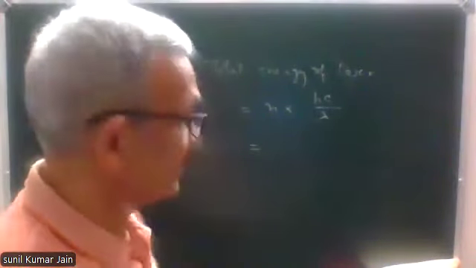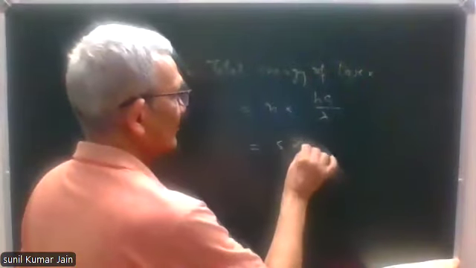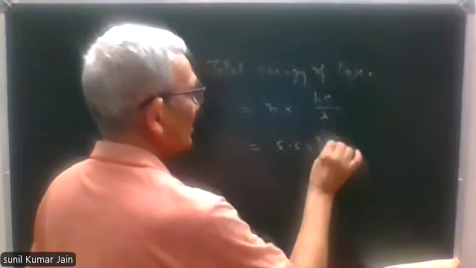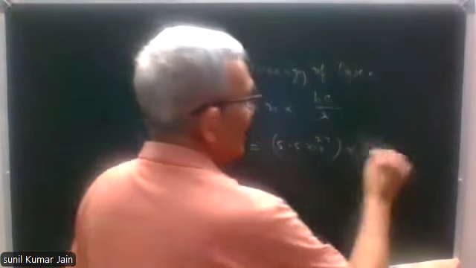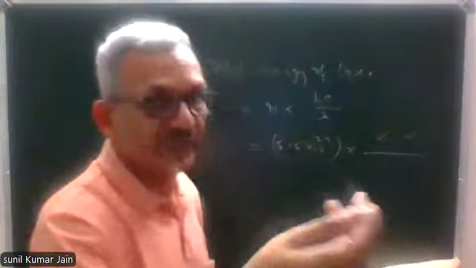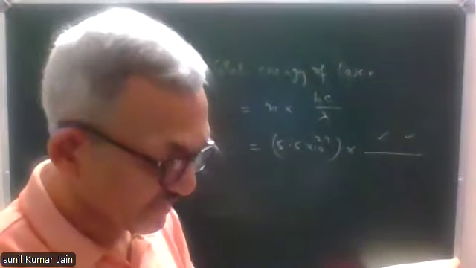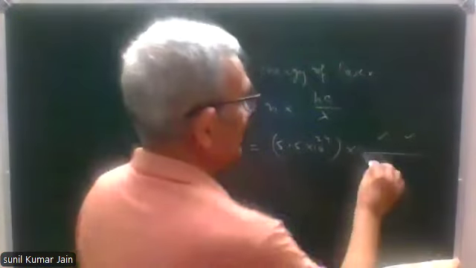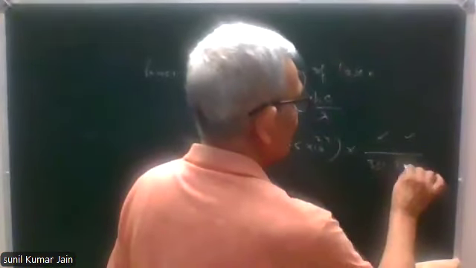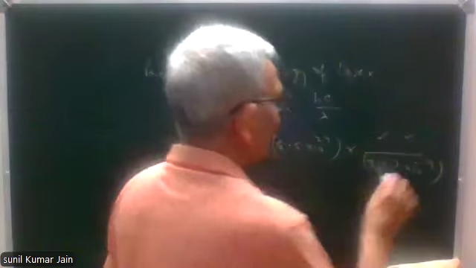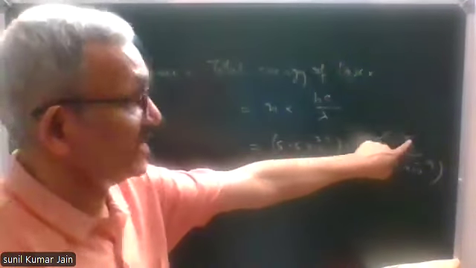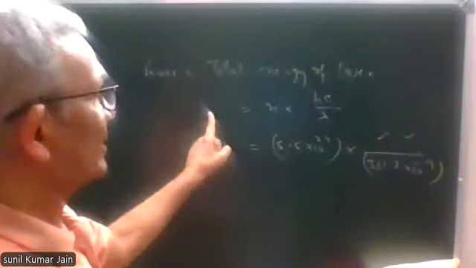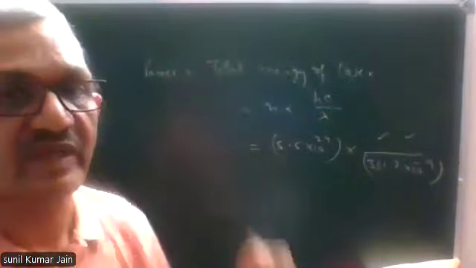This is 5.5 into 10 to the 24. h and c, we know. Lambda is given. This is 331.2 nanometer, 331.2 into 10 to the minus 9. Numerator is h and c. Both are constants. You know their values. Just multiply and divide. You'll get total energy, that is the power of the laser.